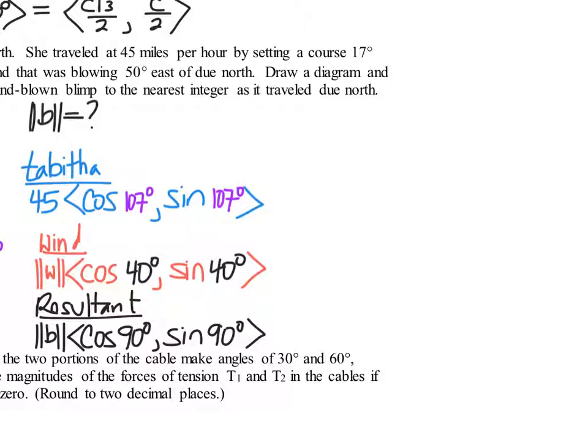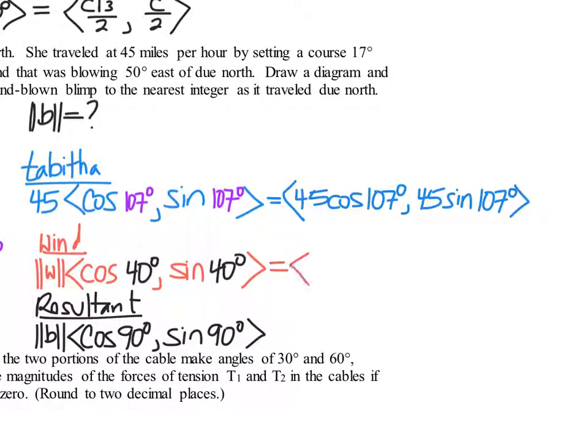So you may want to do a little intermediate step here. 45, that's part of the vector, cosine 107, because a scalar can be distributed through a vector. Magnitude of W, cosine 40.